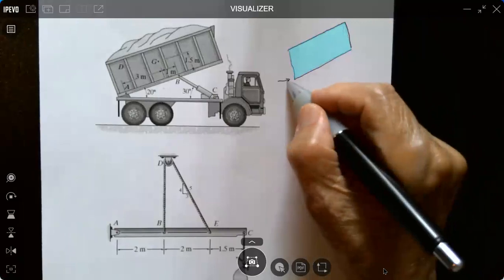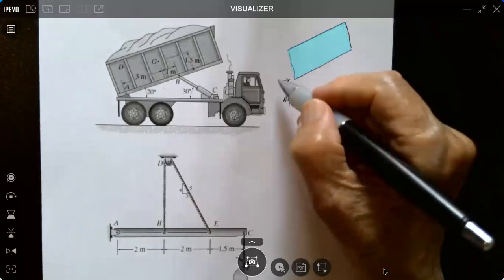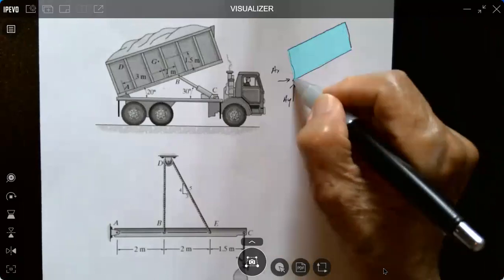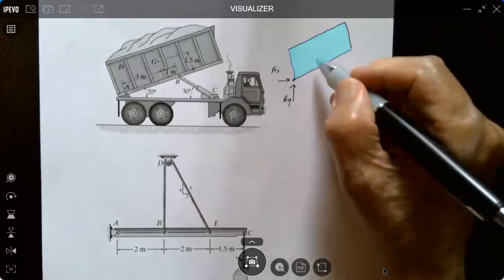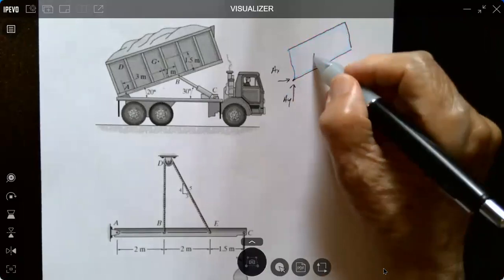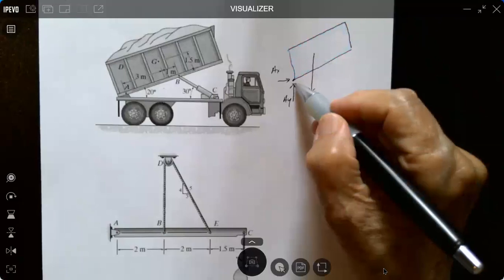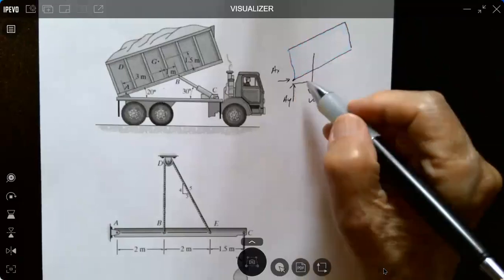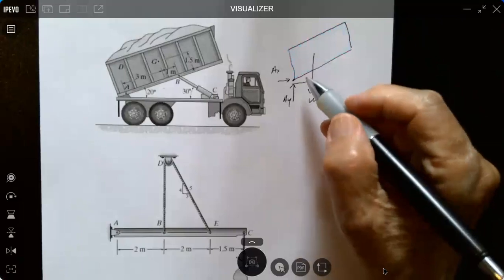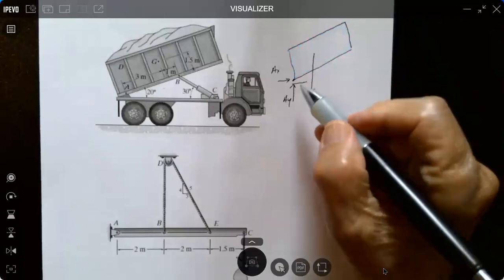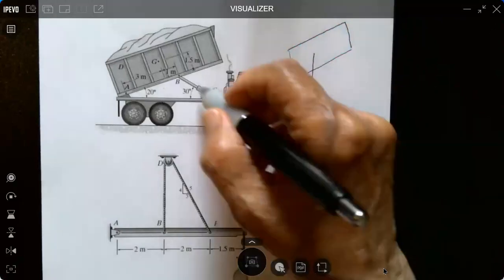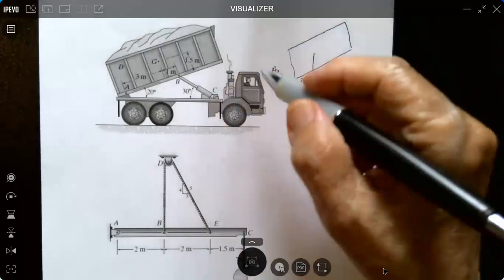So I'm going to have an A sub Y, an A sub X at this point. I've got a weight W. This bed is at, couldn't label everything that I have on here. This bed is at 20 degrees. And now I have the hydraulic setup here that's going to operate the bed.